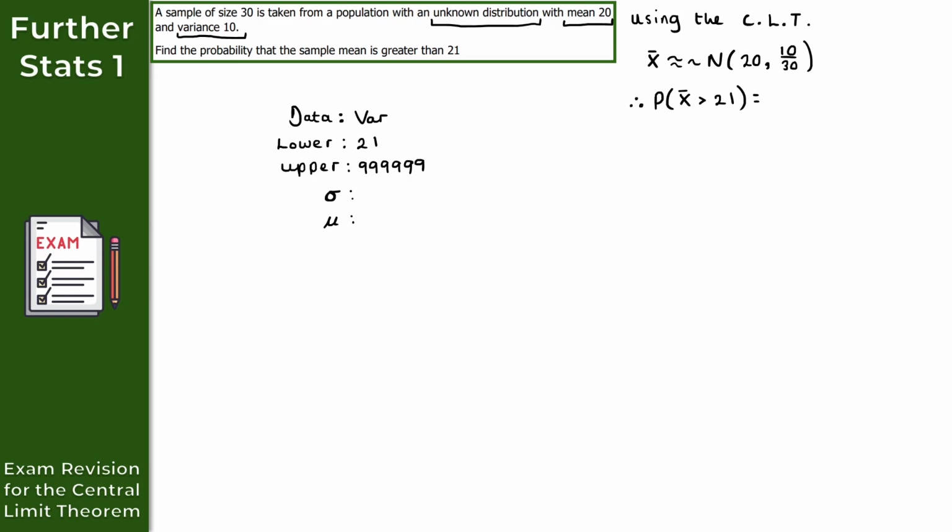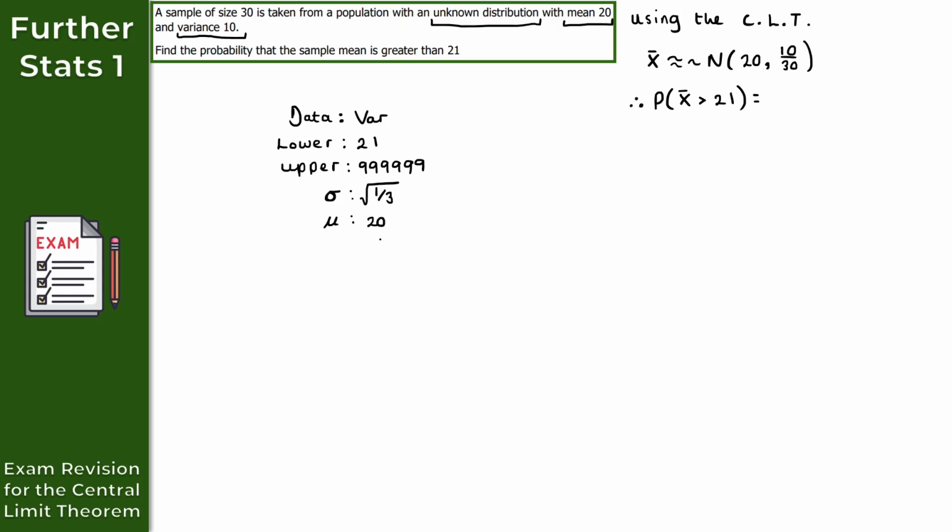Now for sigma, well, that's going to be the square root then of 1 over 3. So don't forget, this is the variance here. So we want the standard deviation. So we take the square root of this here. So that's the square root of 1 over 3. And then for mu here, that would be 20.